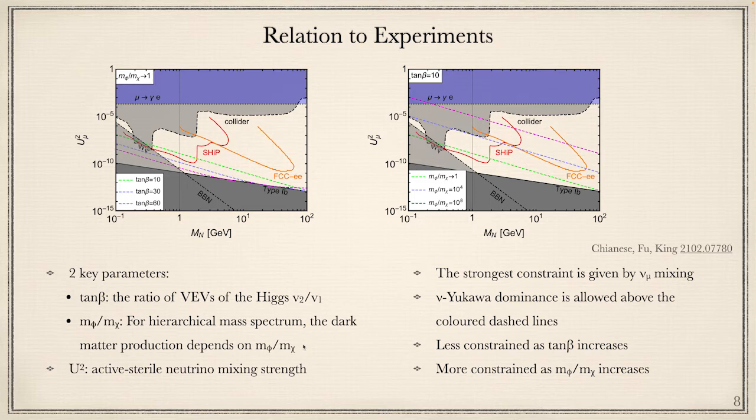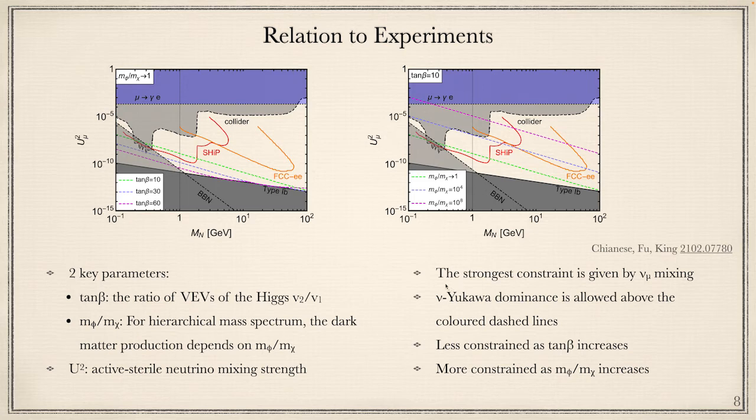And in order to make a comparison with the collider experiments, we compute a quantity U squared, which is very commonly used from the experimental side. It characterizes the mixing strength of the sterile-active neutrino mixing.